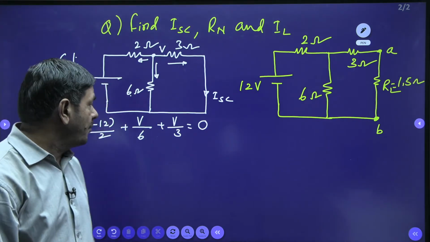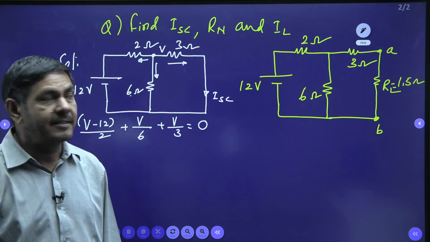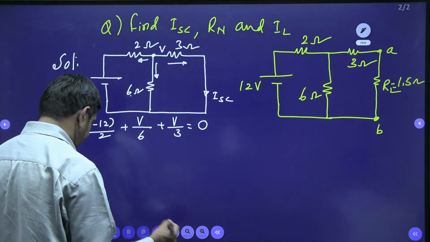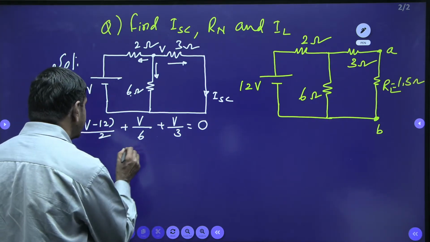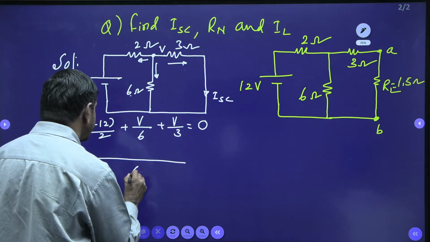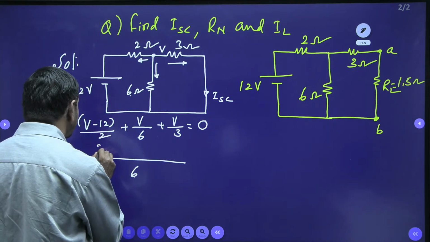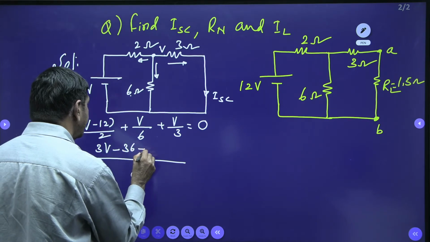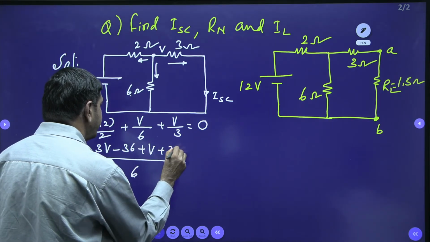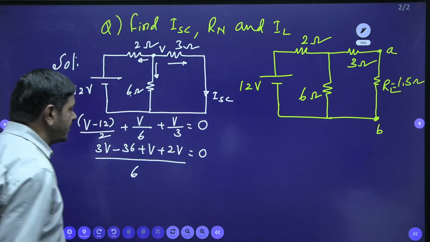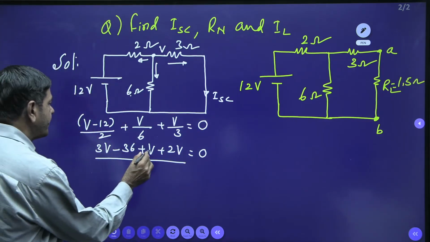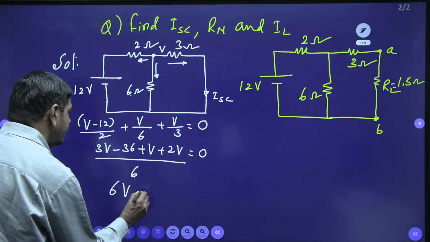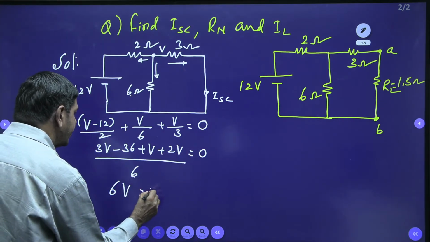Once you get the value of V, the measurement of the current becomes very simple. But here I take 6 as the LCM. 6 is the LCM: 3V plus V plus 2V, and 12 into 3 is 36, equals 0. So 3V plus V plus 2V gives 6V, minus 36, equals 0.